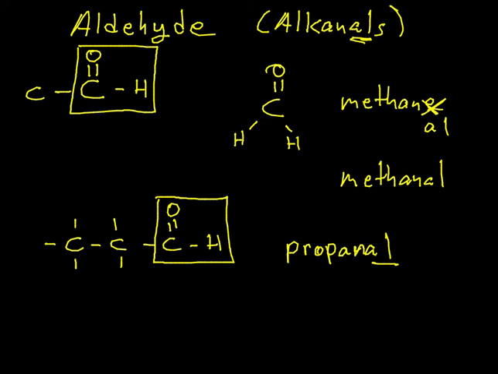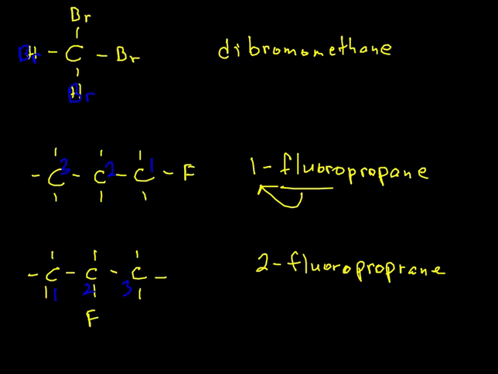Let's backtrack a little bit. How are the condensed formulas of these going to look? Let's do the condensed formula for the dibromomethane. That shouldn't be too hard. We have a C, and originally these are going to be H's here for dibromo. So we have CH2Br2. That's no big deal.